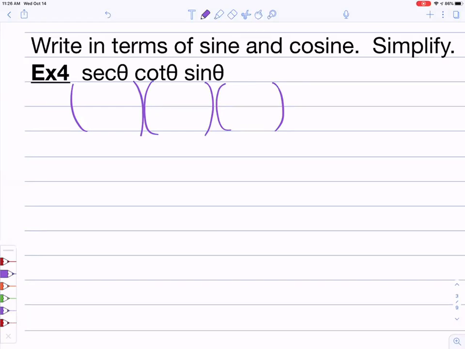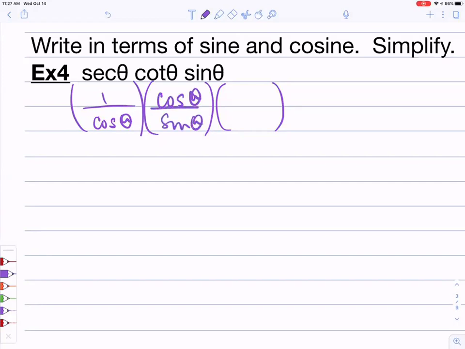Jaden, what'd you get for the first one? Okay. Selena, what'd you get for the second one? Okay, that is definitely true, Selena, but in this one, take a look at the directions. Yeah, so you're right, but because the directions specifically say sines and cosines, we'll go ahead and do it that way.